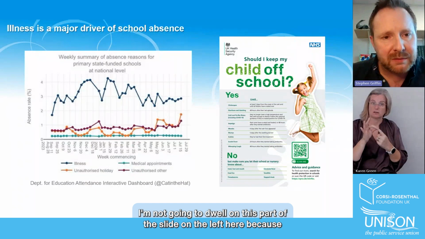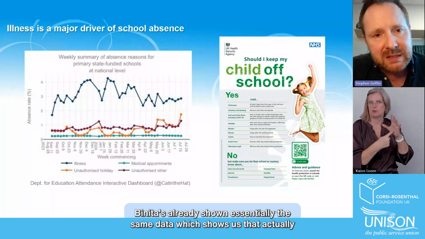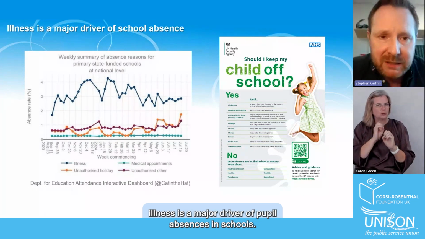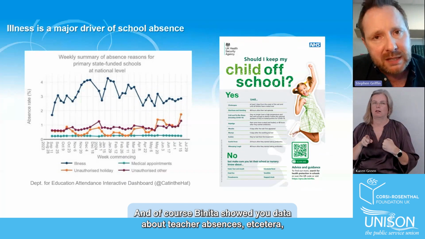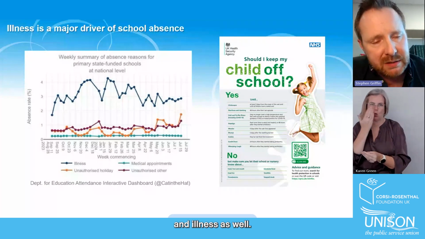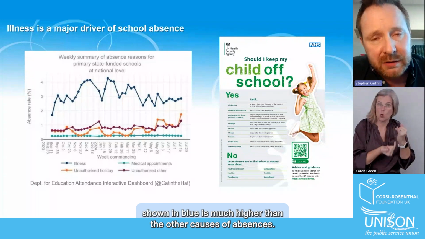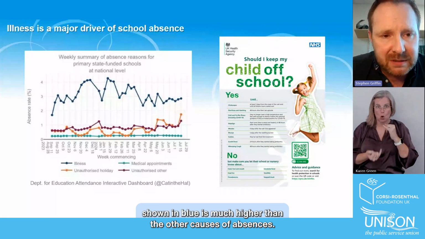I'm not going to dwell on this part of the slide on the left here, because Binita's already shown essentially the same data, which shows us that illness is a major driver of pupil absences in schools. And of course, Binita showed you data about teacher absences and illness as well. Again, this graph on the left shows that the illness, shown in blue, is much higher than the other causes of absences.